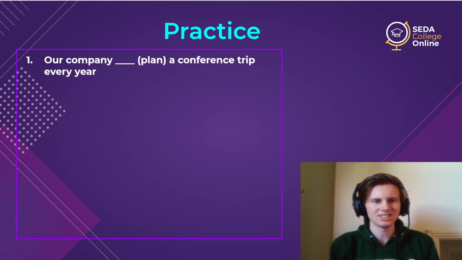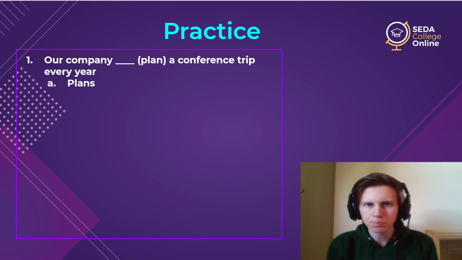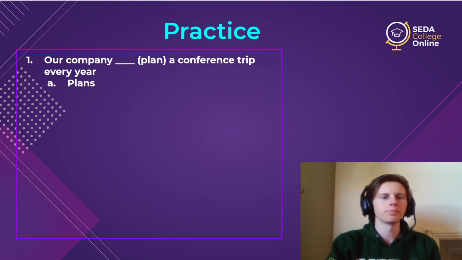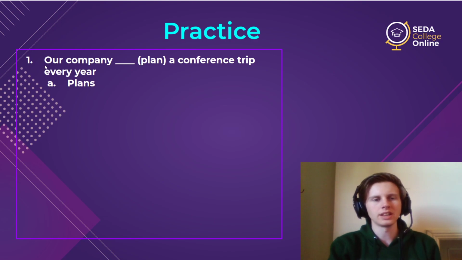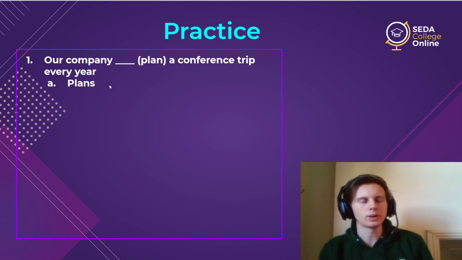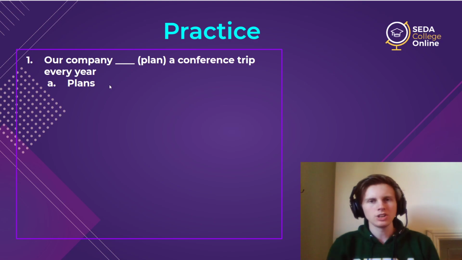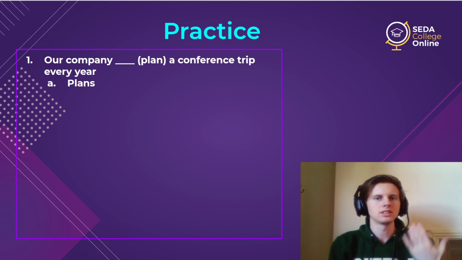Okay. So I hope you have your guess. Let's check. Well, this one is plans. So simple present. Our company plans a conference trip every year. The big key here is every year. This word requires the present simple because now I know it is something that happens every year.